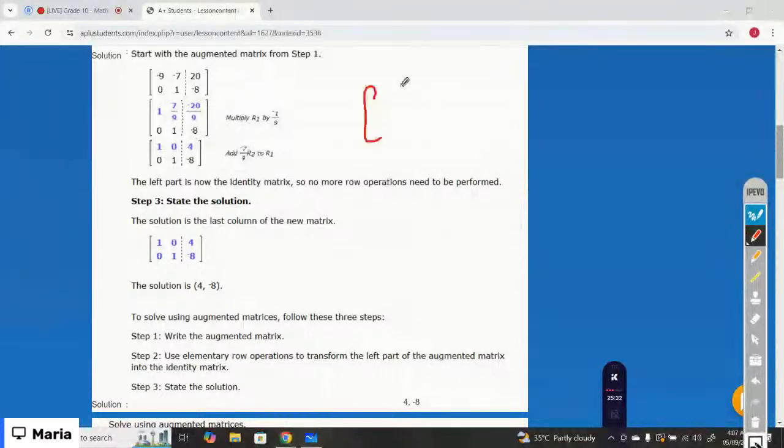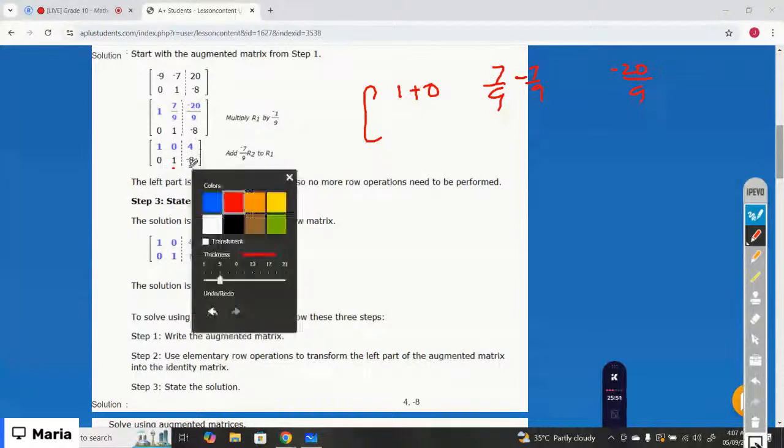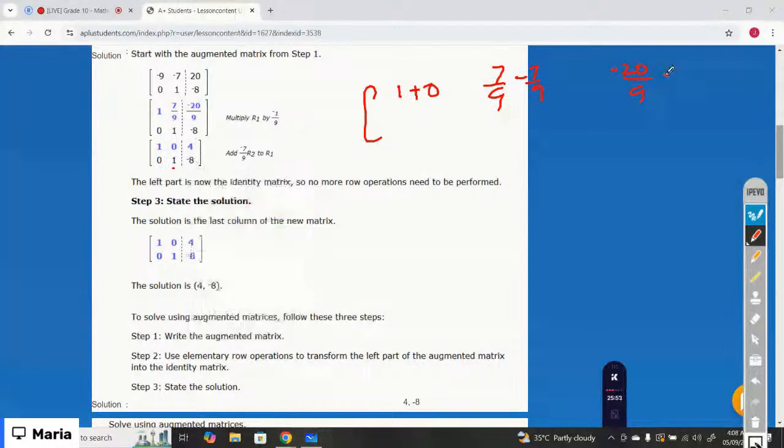Like here you have 1, you are going to add 0, 0 times 7 over 9 is 0, and then you have 7 over 9, you are going to multiply this 1 by -7 over 9, so -7 over 9. So here you have -20 over 9, you are going to multiply -8 with -7 over 9, so that is 8 times 7 is 56. You have 56 over 9.